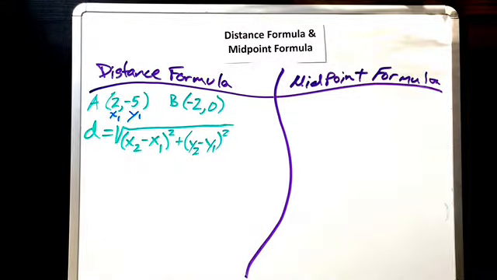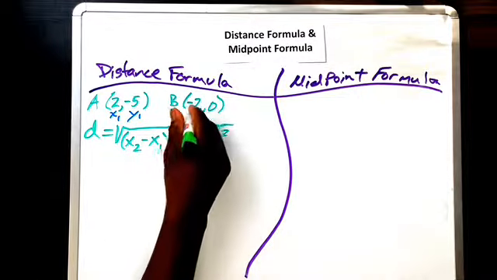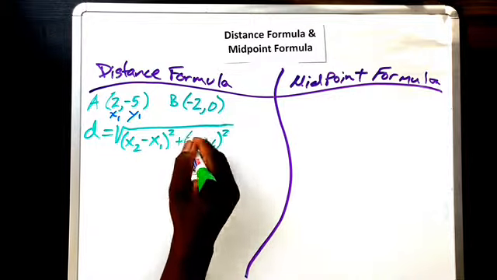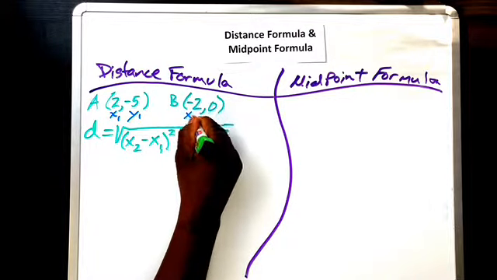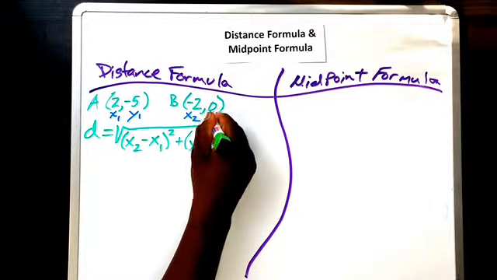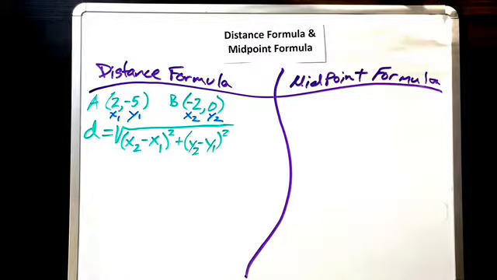And then for point B, I'm going to make this x-coordinate x sub 2, and 0 will be y sub 2. Right. So all we're going to do is substitute these values following this distance formula and use order of operations to simplify and find the distance.